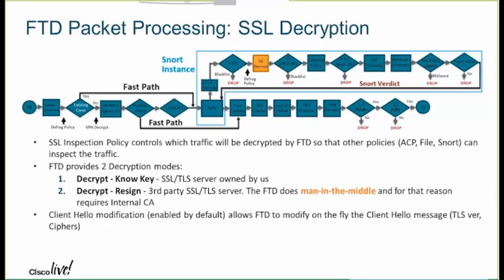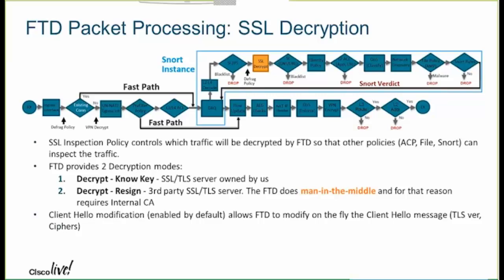When it comes to decrypt known key, it is basically a condition wherein you are owning the HTTPS server, and this is something in your environment wherein you're providing access to it from the external world. And we basically copy that server's certificate and private key onto the FTD, and then use that for decrypting the traffic specifically only for that server alone.